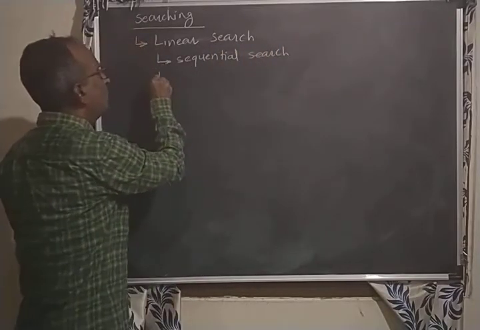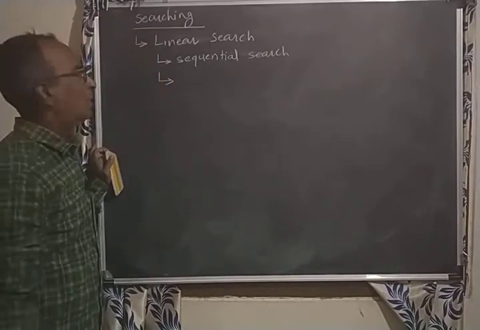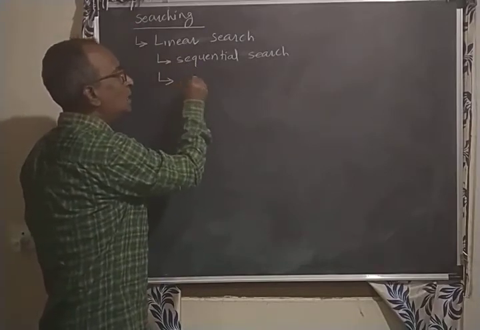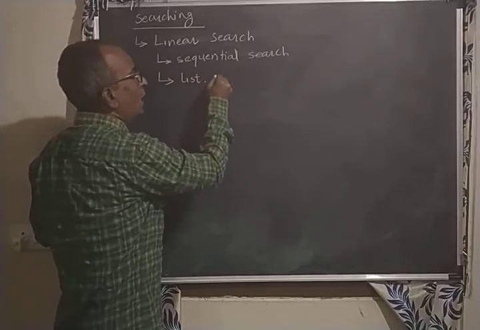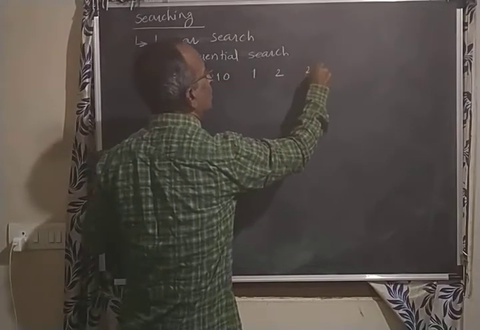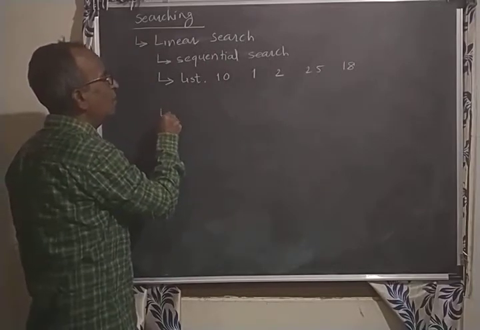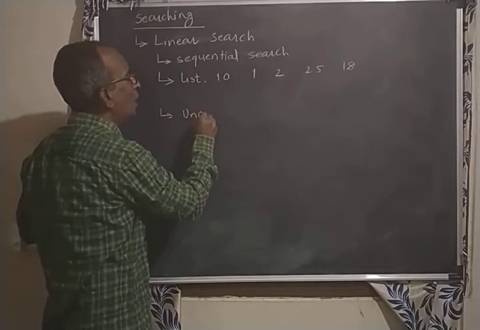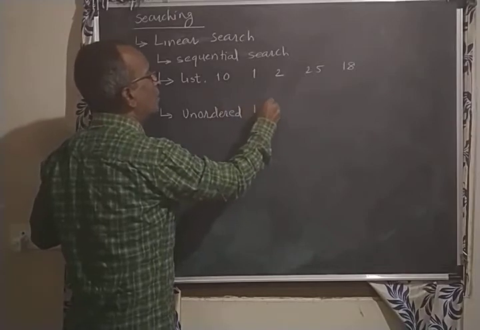because element by element we are comparing in this linear search and we are going sequentially. And in linear search the list is given, suppose the list is this, some unordered list. So we can say this linear search can be applied on an unordered list.